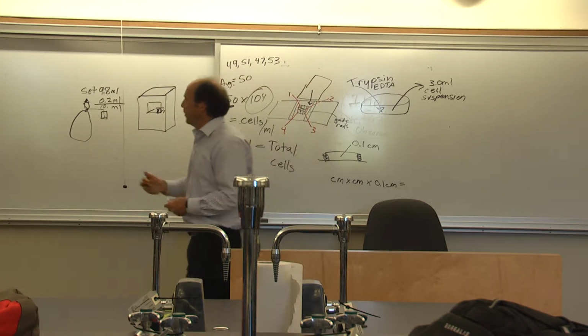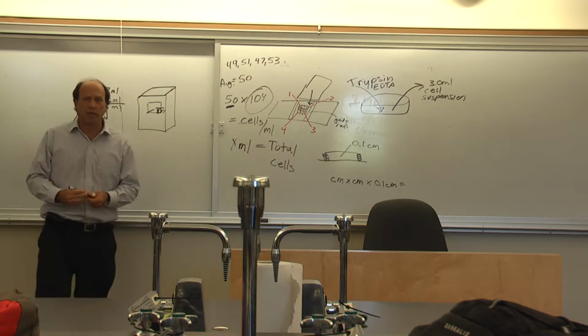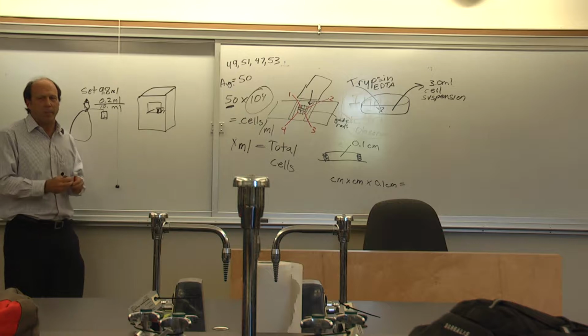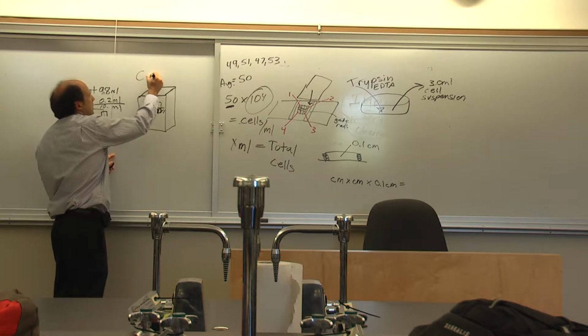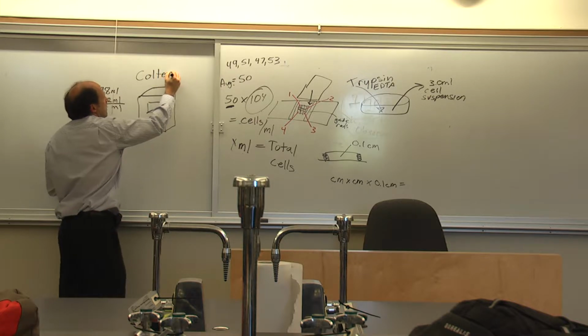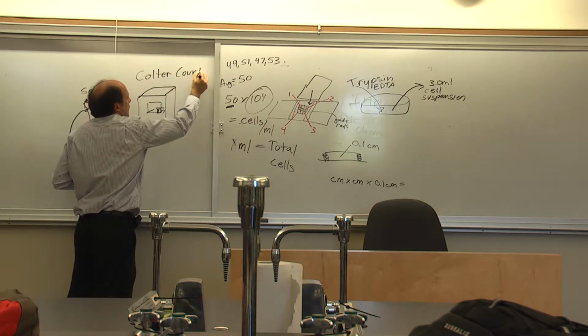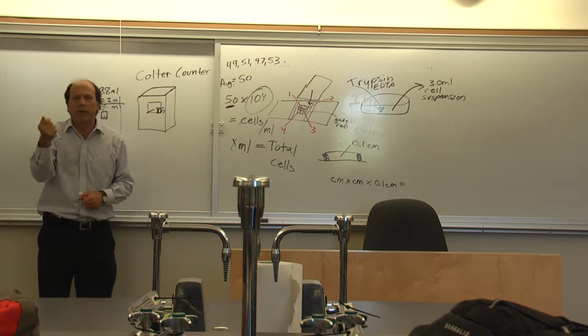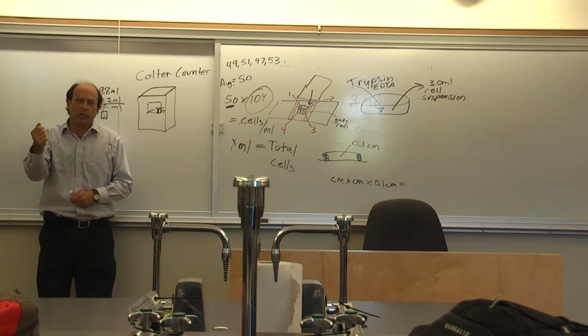Okay, so there's a 50-fold dilution, right? So do you need to multiply by 50? Well, no, because this is an electronic box, right? This is the Coulter counter. So it's got a little computer inside of it. So we programmed in that there's a dilution of 50.